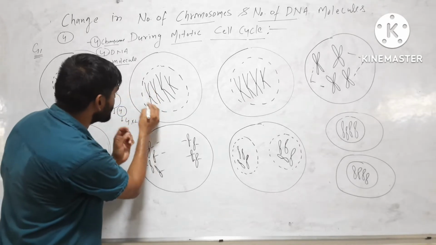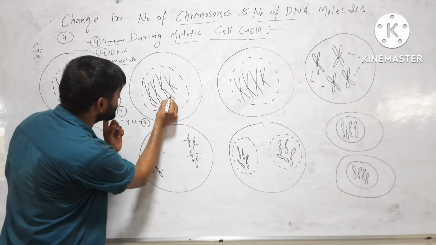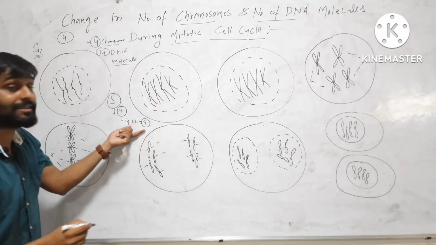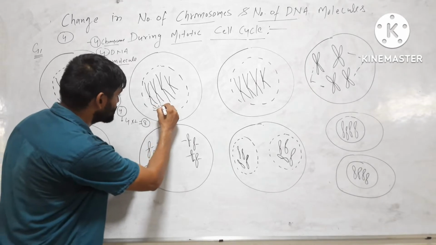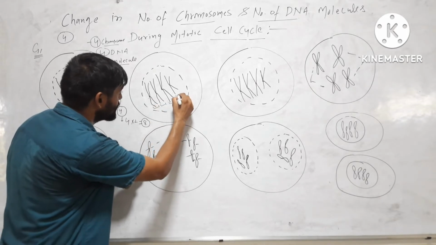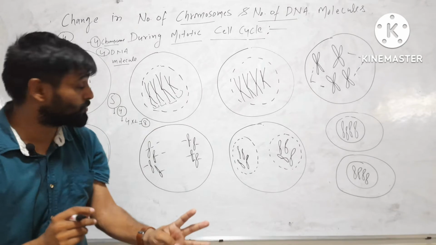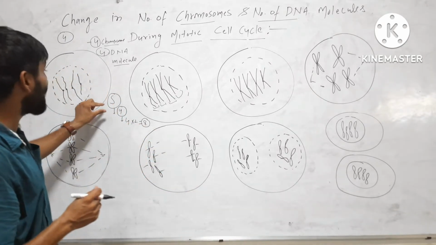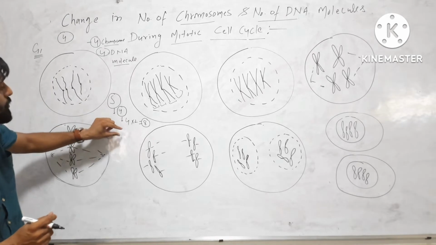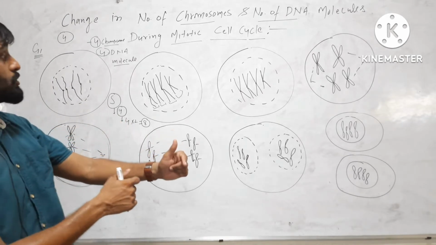So here you can see 1, 2, 3, 4, 5, 6, 7, 8. There are 8 DNA molecules, but chromosome number is 1, 2, 3, and 4. So there are 4 chromosomes, but DNA molecules are 8. So at S phase, DNA molecule will be double the chromosome number.